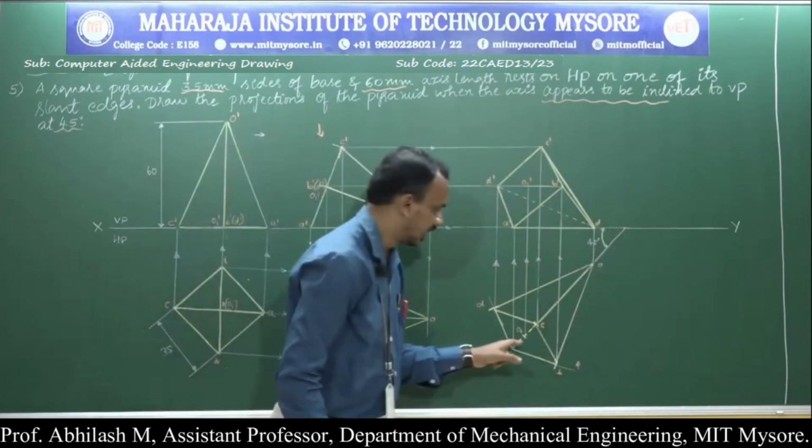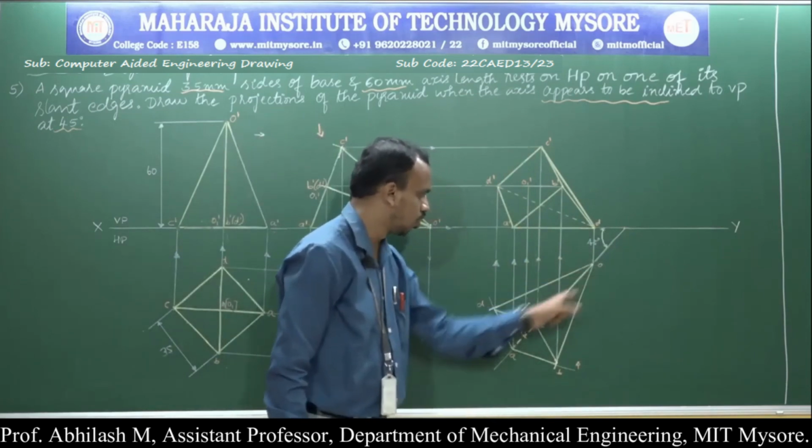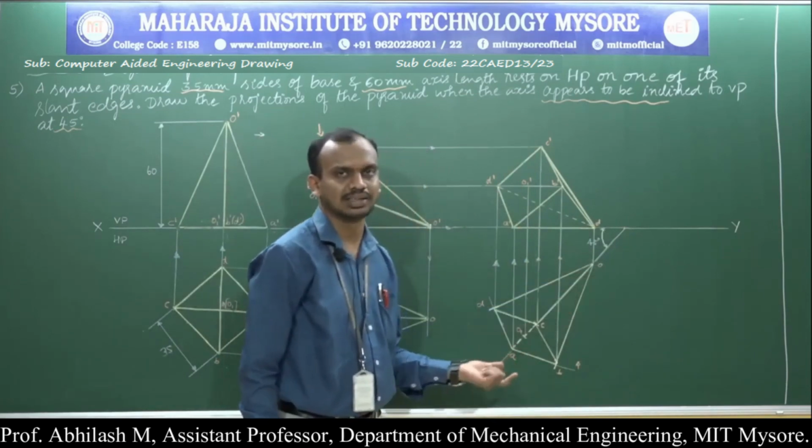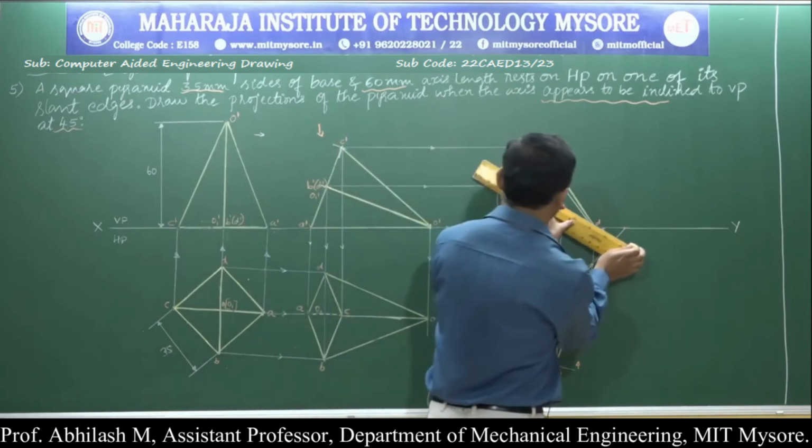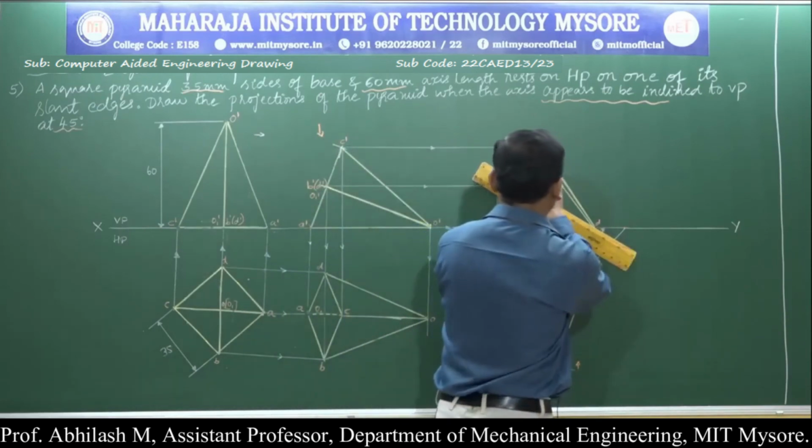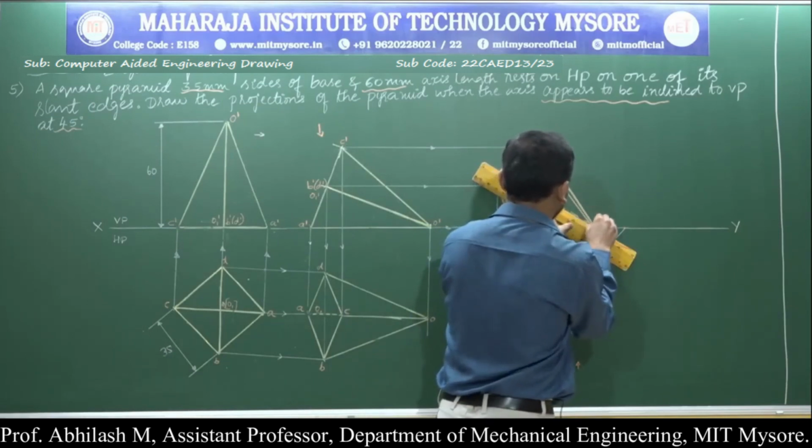Now the other thing that is left out is the axis, that is O1, which is an axis line. Just represent that with the help of a chain line, that is a line dot line dot line.